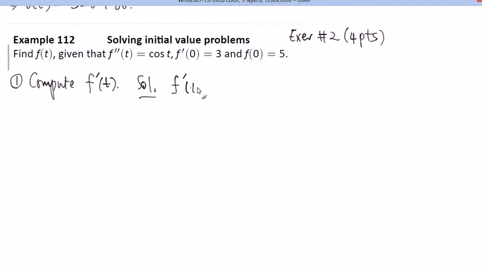Let's work this one together. What's f prime of t? The initial value problem formulated in terms of a definite integral. The first term was f prime, right? f prime of a. Does that make sense? Plus the integral from where to where? In terms of a and t in general, it's a to t, right?